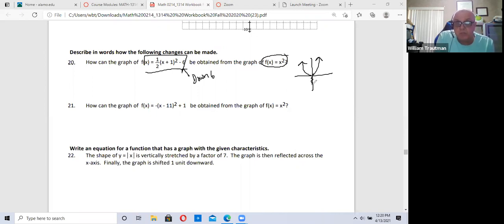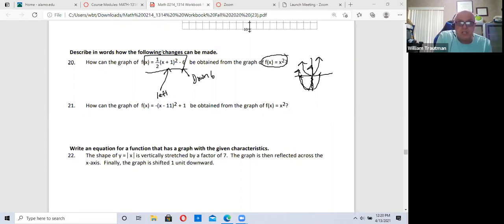So this graph moves down 6 spots. A +1 on the inside, remember what a +1 on the inside does. A plus on the inside moves to the left 1 spot. So this graph moves to the left 1 spot, and this is the new graph.